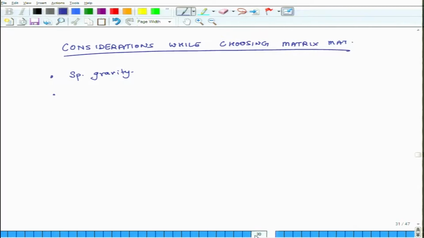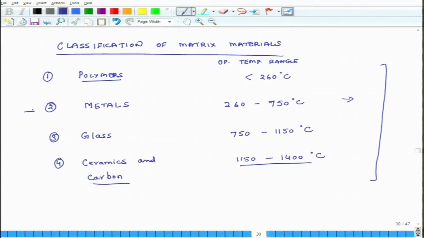For that reason, if I have a very super light application, maybe I do not want to consider metals as the matrix material, because even aluminum, which is one of the lightest metals, has a density of about 2.8 compared to polymers where the density is about 1 or 1.2.